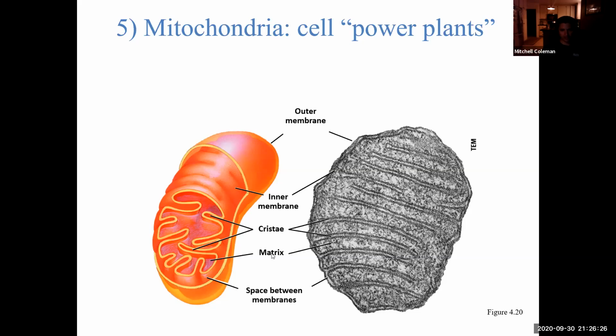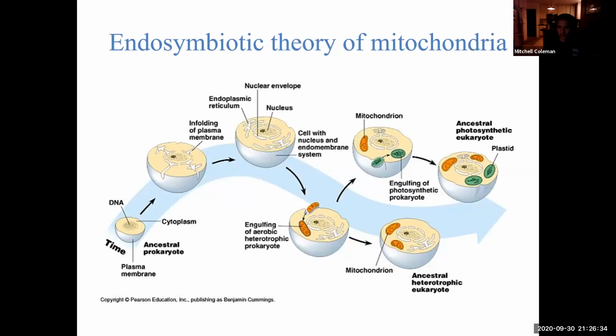This is a little bit too much detail, but the reason why I'm mentioning it is that there's an actual theory that poses that mitochondria are kind of cells in and of themselves, even though in the context of a eukaryotic cell, they are organelles.